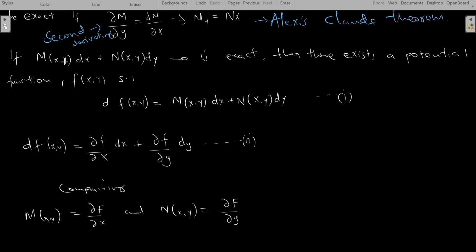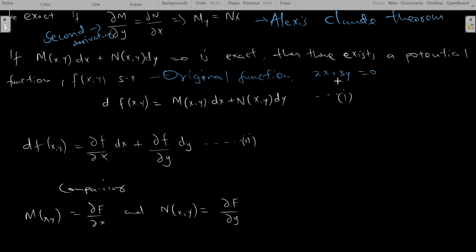Now if M of x,y dx plus N of x,y dy equals 0 is exact, then there exists a potential function. This is our original function. Say for example I'm given 2x plus 3y equals 0.